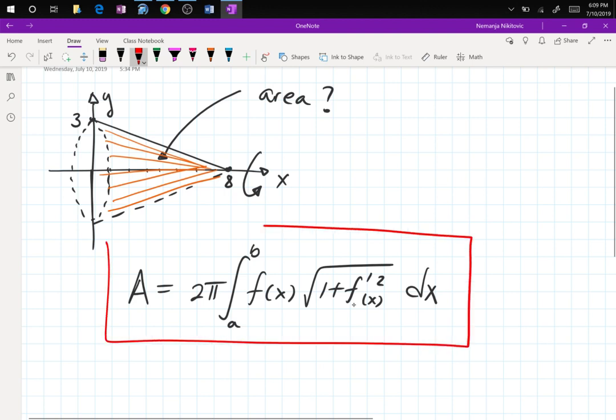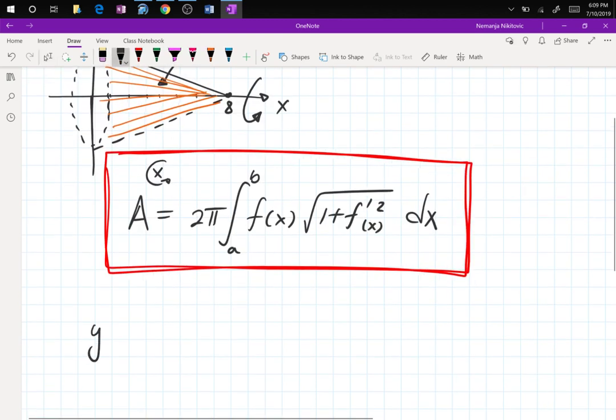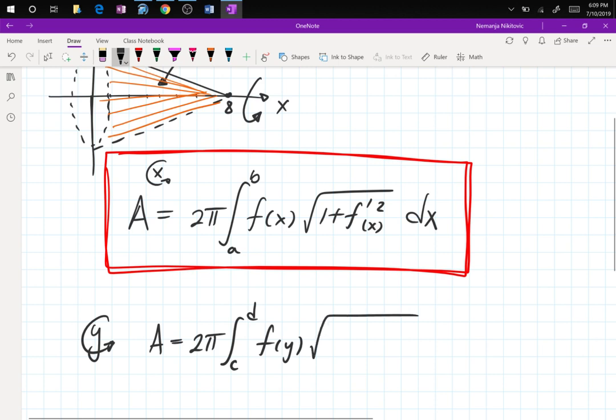You see that it's a little bit different. This is for x rotation. I need to specify that. And then we also have the y rotation formula, which is 2 pi integral c to d of f of y times the square root of 1 plus f prime squared of y dy. So you have that one as well.